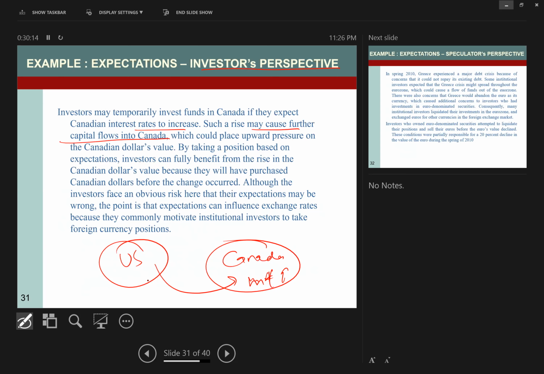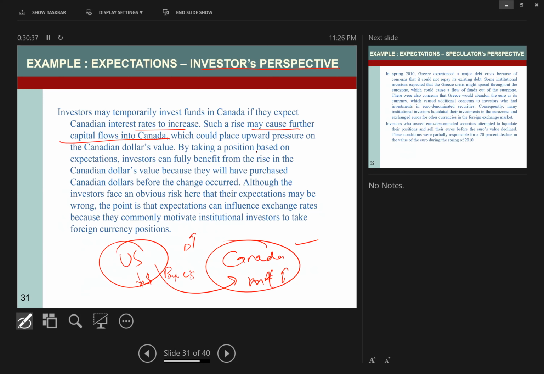And why is that? Because US people, if there is only two countries in the world, US people will be selling their dollar and buying Canadian dollar. So they're going to be creating demand. More demand means the value of the Canadian dollar will be increased.